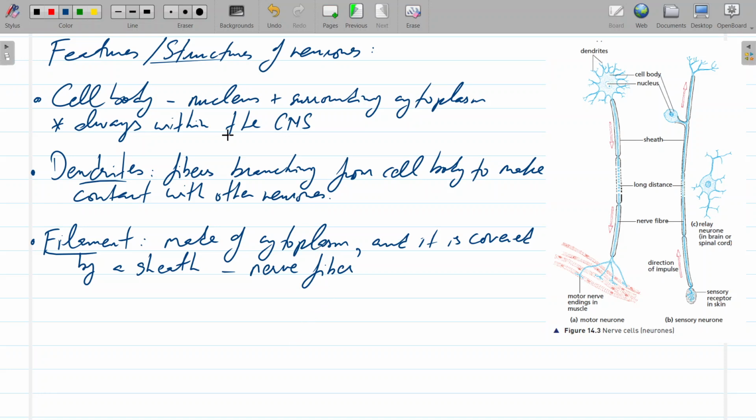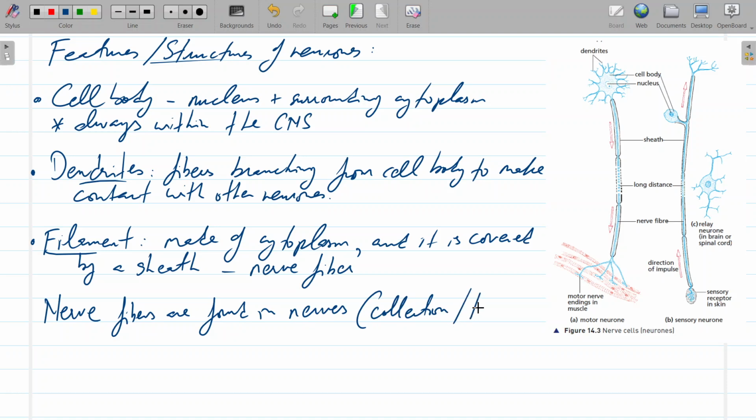So the cell body is almost always in the central nervous system, either the brain or the spinal cord. Now, the nerve fiber. Don't confuse the terms. Nerve fibers make up the peripheral nervous system, and they are found in nerves. What are nerves? They are collections or bundles of nerve fibers.